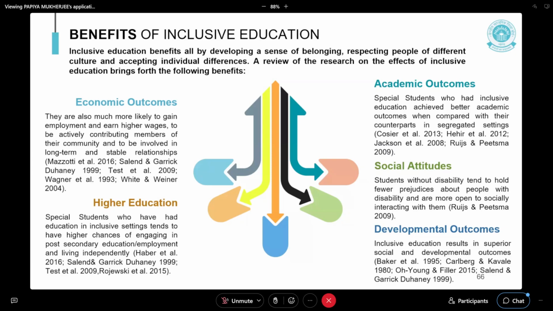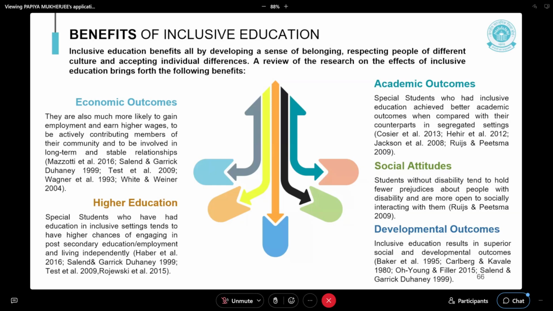What are the benefits if we bring in inclusion? A sense of belonging develops. It benefits everybody. People start accepting individual differences. Research has proved that if we bring inclusion in and make it a culture in our schools, it improves the academic outcomes of children with special needs.